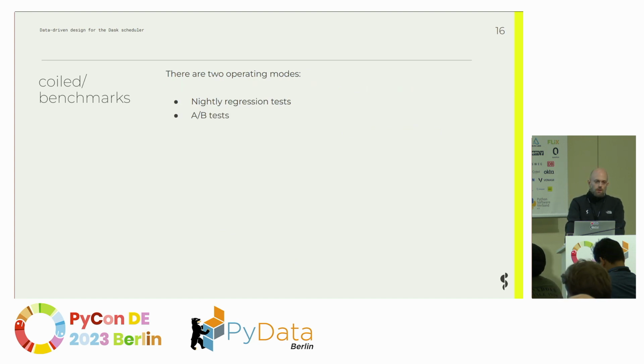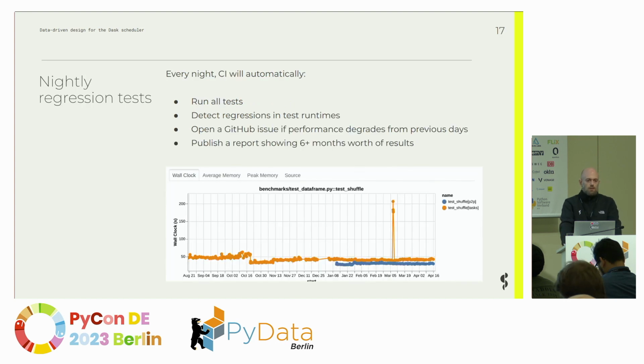In this repo, we have 2 operating modes, nightly regression tests and A/B testing. Nightly regression test is exactly what the name implies. We get git tip, we rerun the whole thing over and over again every night. And every morning, we have a new report that shows the last several months worth of runs for all of our tests and shows if there is any change.